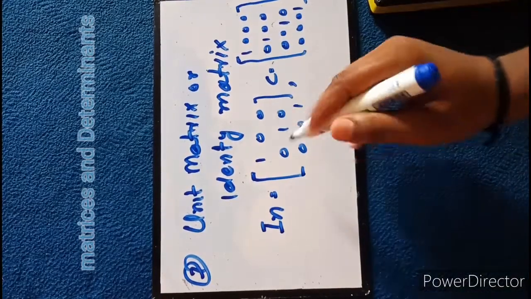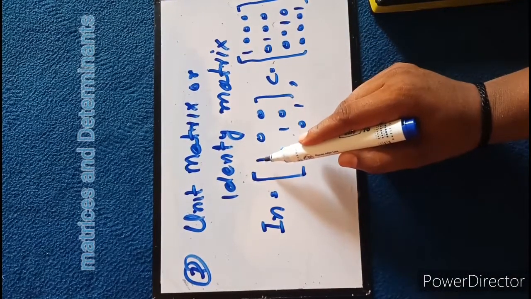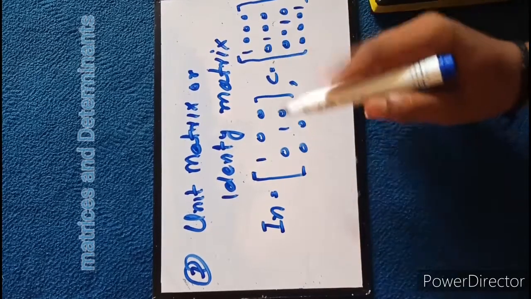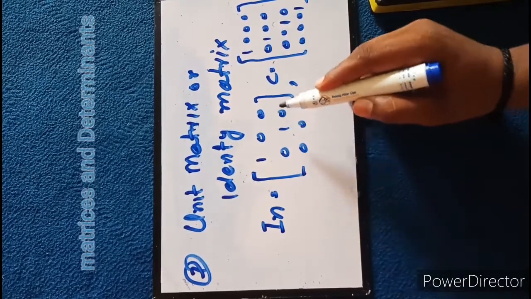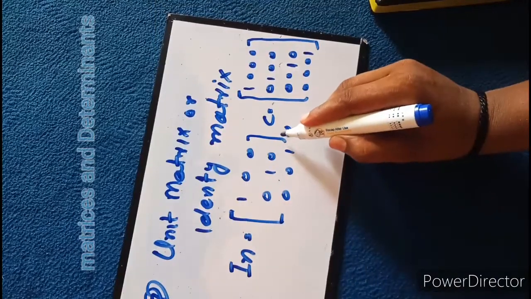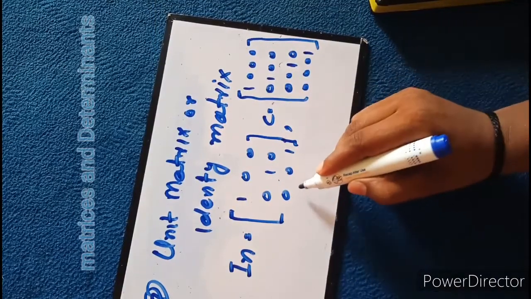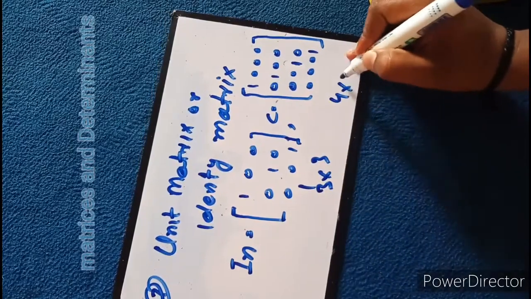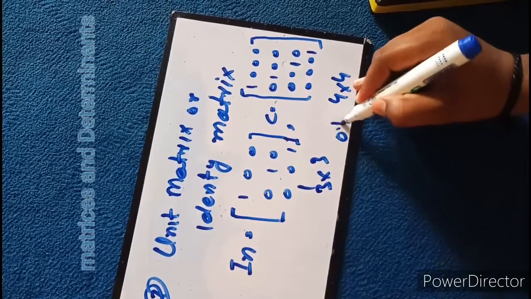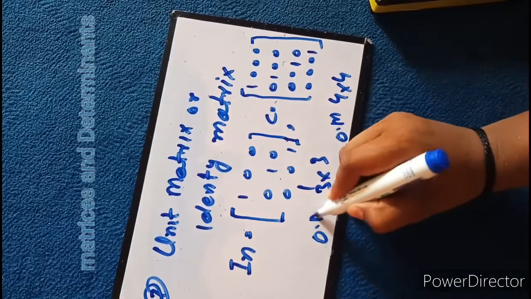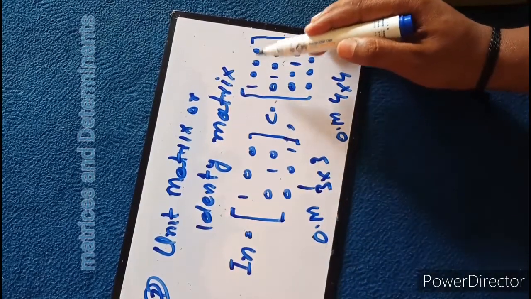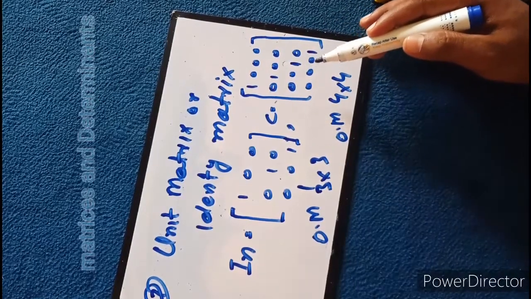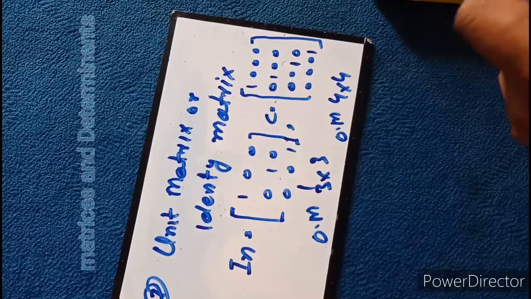It includes the element, the first element of the first row is 1, the others will be 0, same as 0 1 0 0 0 1. Okay, this is 3 cross 3. If this is a 4 cross 4 order of matrix, it means 1 0 0 0, 0 1 0 0, 0 0 1 0, 0 0 0 and 1. This is called a unit matrix.